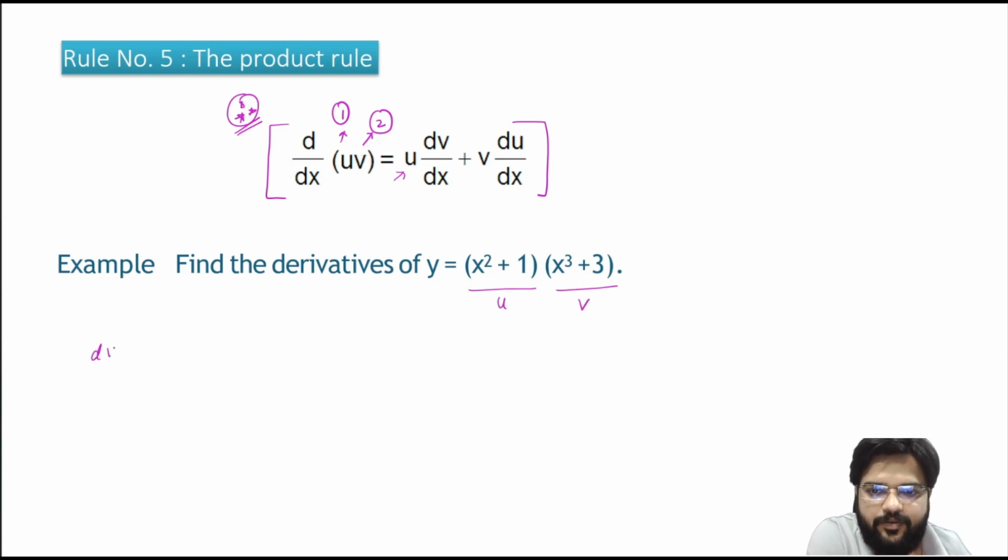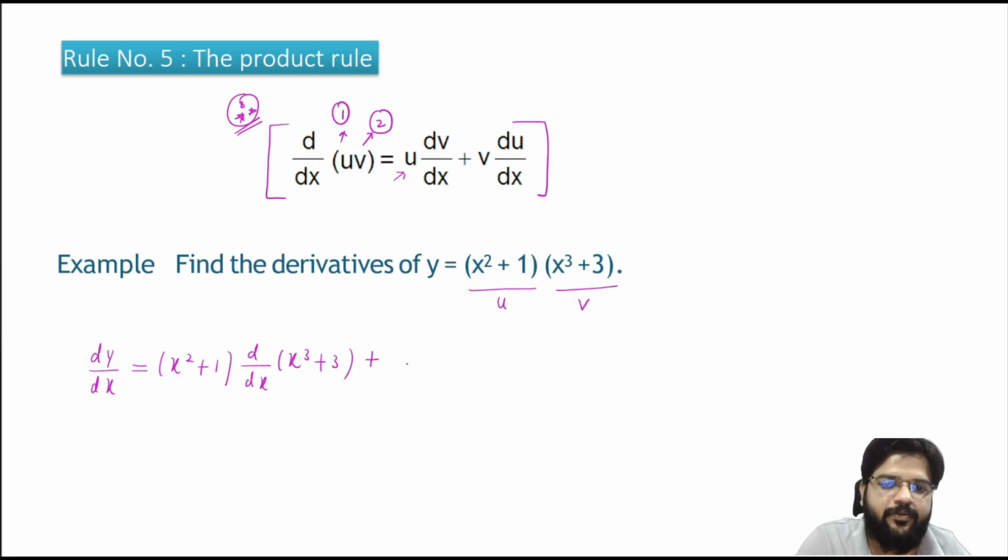So see what we will get, dy by dx, and according to the rule, first of all u we will write as it is, meaning x square plus 1 we will write as it is, times the derivative of v, x cube plus 3. Then we will put a positive sign, then we will write v as it is, and then we will differentiate the first function, meaning u, which is x square plus 1 here.